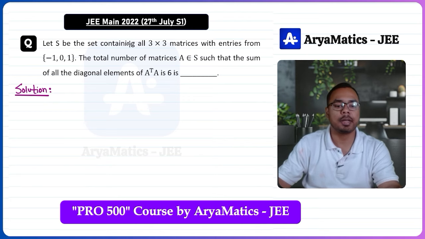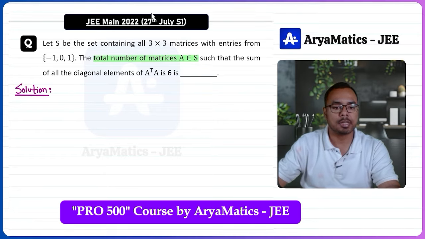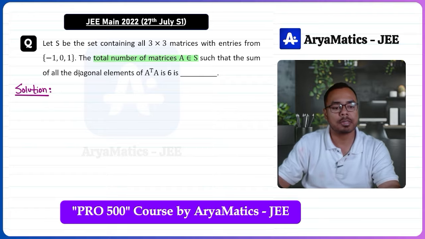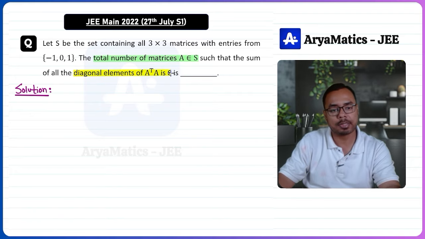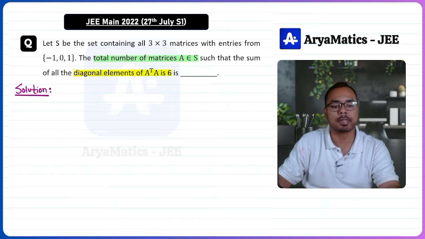Let S be the set containing all 3 cross 3 matrices whose entries are from this set minus 1, 0 and plus 1. We have to find the total number of matrices A belonging to this set S such that the sum of diagonal elements, or the trace, of this matrix A transpose into A is 6.